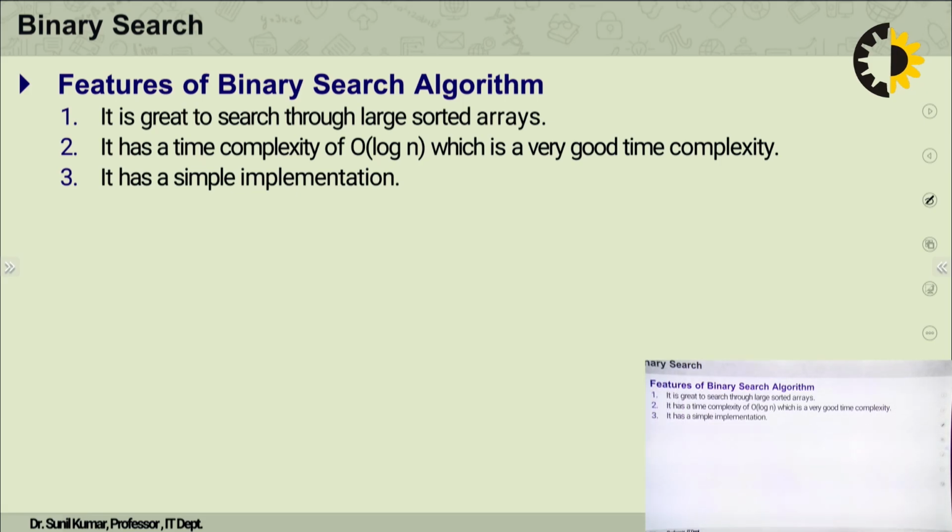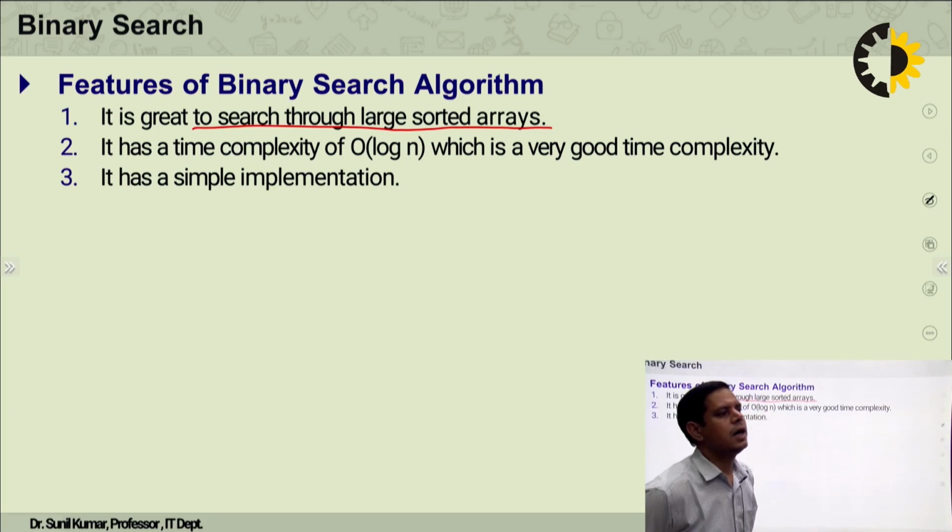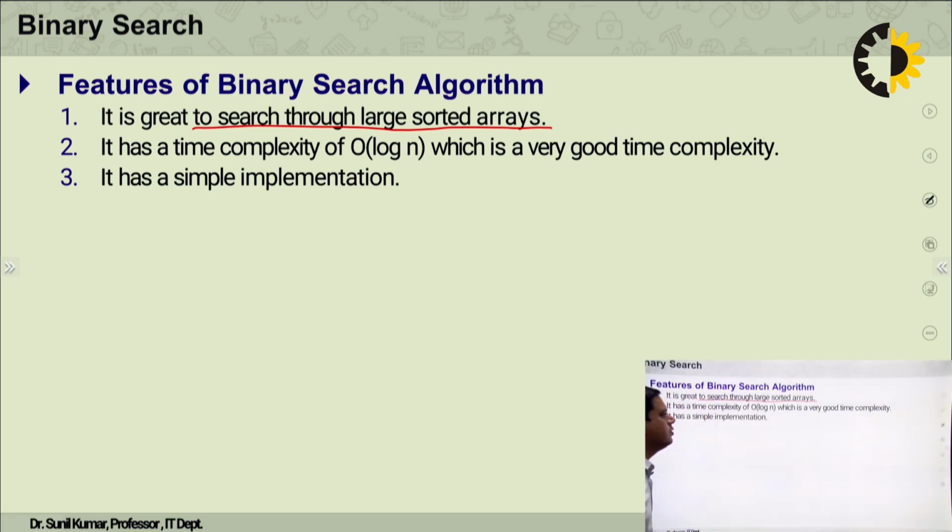Before that, we will discuss the features and properties of the binary search algorithm. It is great to search through large sorted arrays. If the array is large and sorted, it is always recommended, because every time we compare the target value with the mid value, and after comparison the searching area will, on average, be less than 50%.